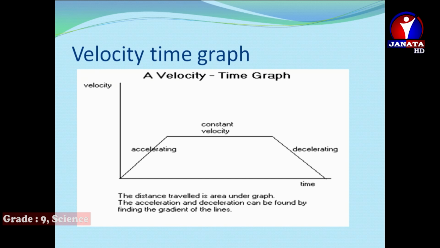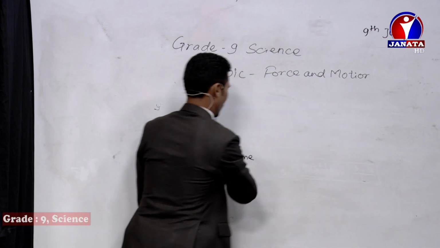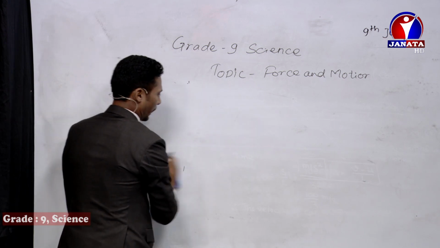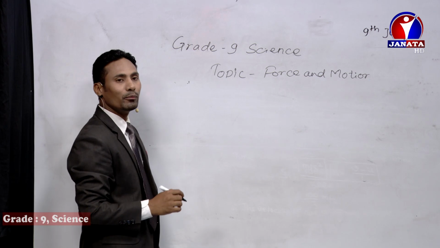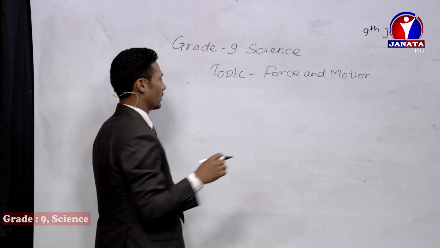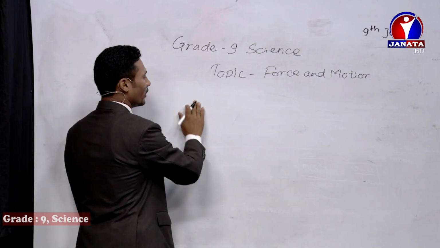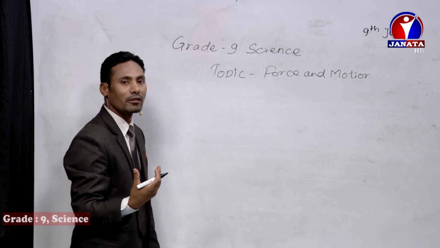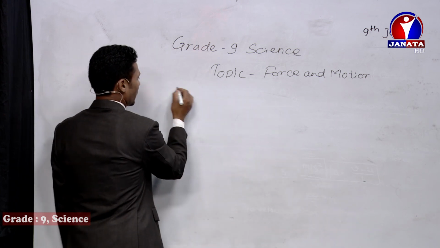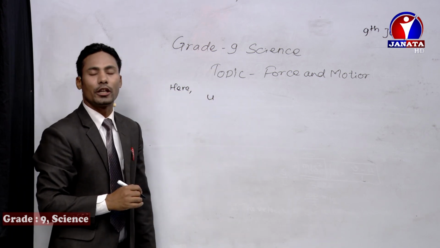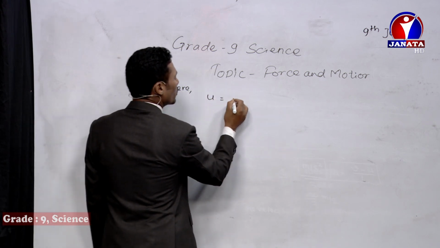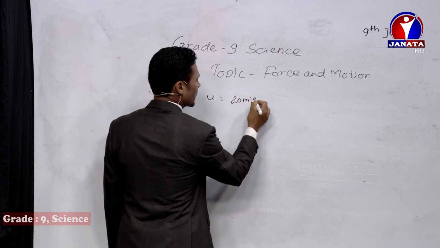Let me give an example for this retardation. Suppose a car is moving with a velocity of 20 meter per second. That is the initial velocity, so u is 20 meter per second.